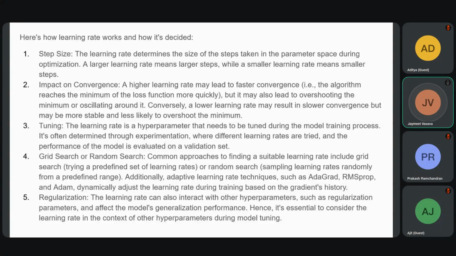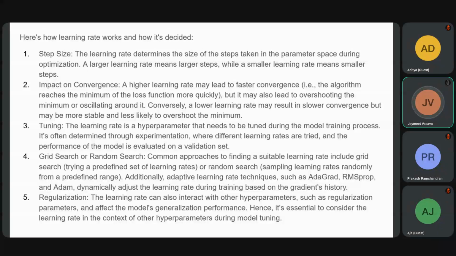Then there is convergence, a term used for models where, after reaching convergence, a model will not improve further. So that is what we call convergence.